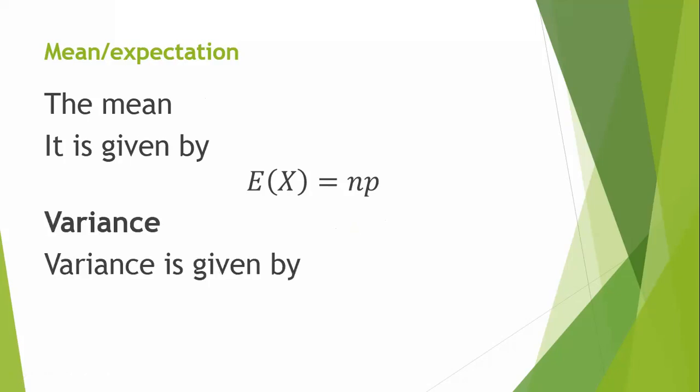Then we can look at variance as well. So the variance is obtained by getting n times p times q. So that gives us the variance of x, and only that for a binomial distribution. And if we want to get the standard deviation, we just get the positive square root of variance. Is that okay?